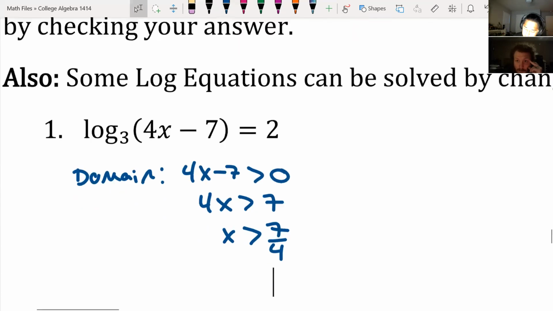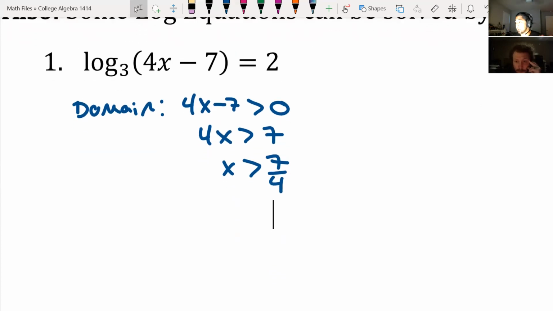Okay, now let's go ahead and solve this logarithmic equation. And if you're ever stuck in logarithmic form, just remember that you can always convert to exponential. So this means that we're going to take this base of 3 and raise it to the second power.